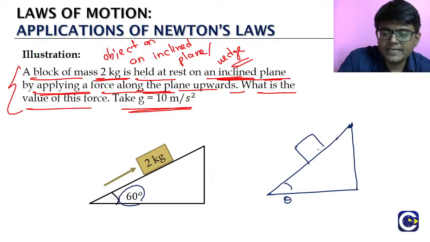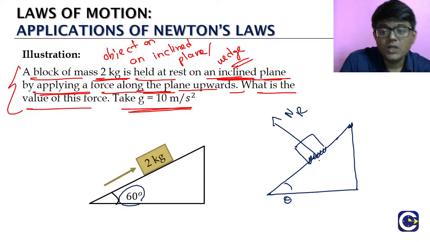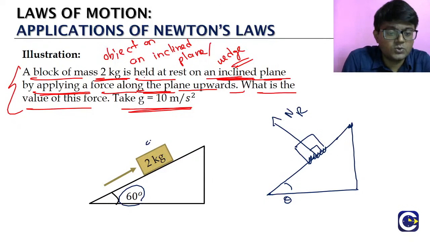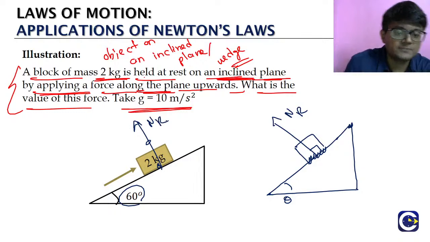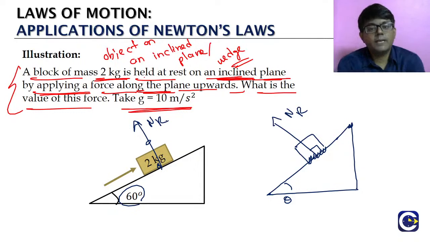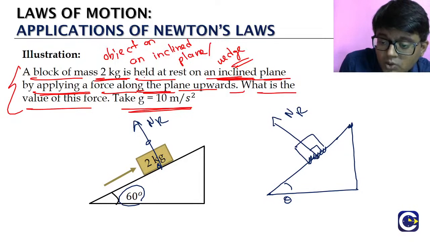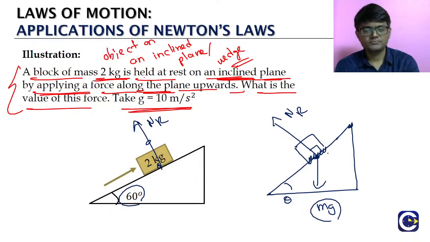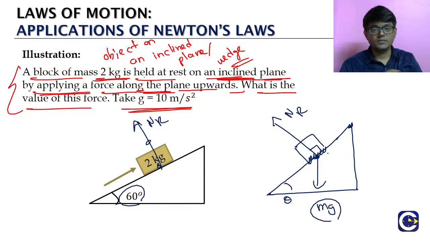Now this object has a contact surface, no? So it will experience a normal reaction, which will be normal to the contact plane. The 2 kg block will be experiencing a normal reaction. Now there will also be the weight of the 2 kg block, and remember, weight will always be vertically downwards on any object.